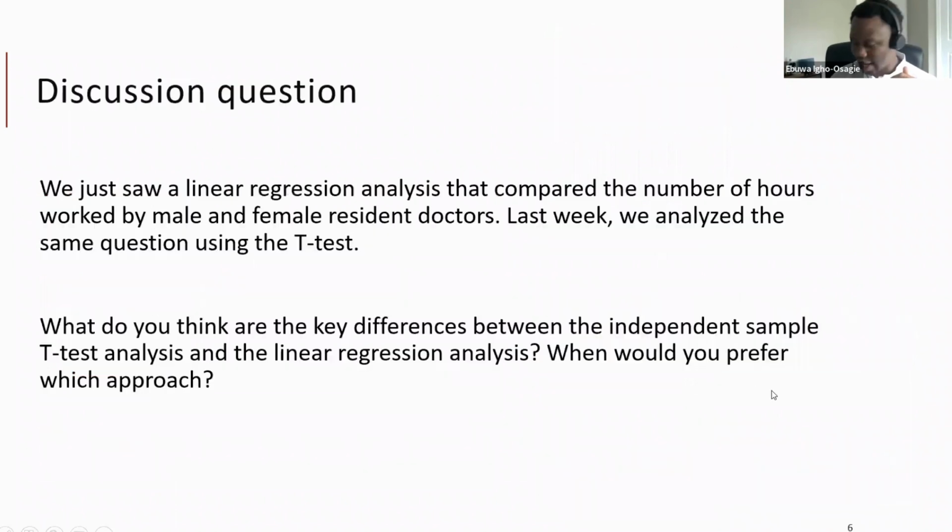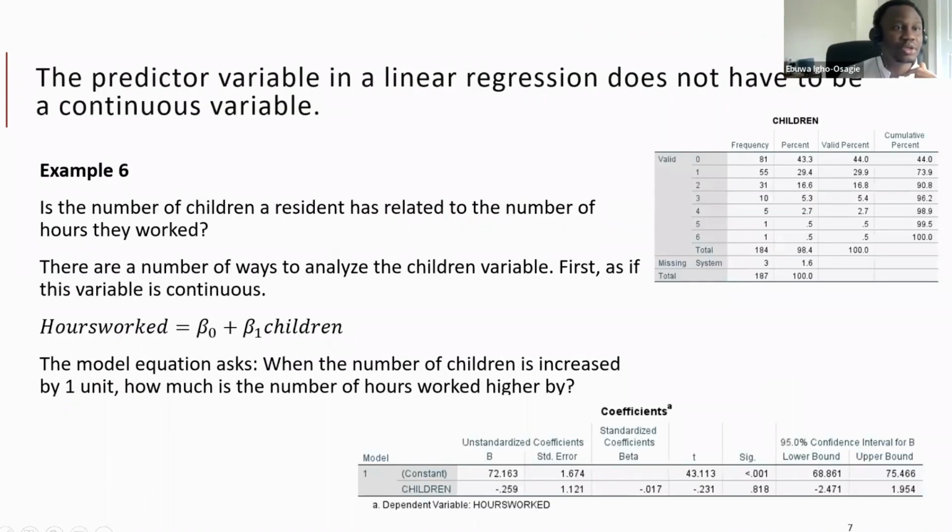Okay, so we've seen when the predictor is continuous. We've seen when the predictor is binary. So binary just means only 2 levels. You are either male or female. That's binary.